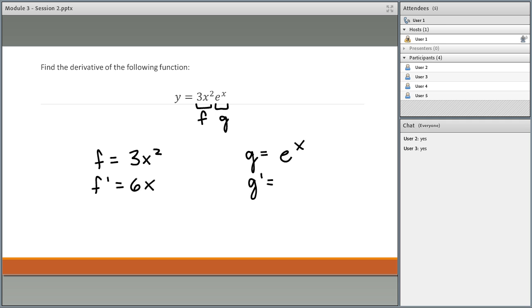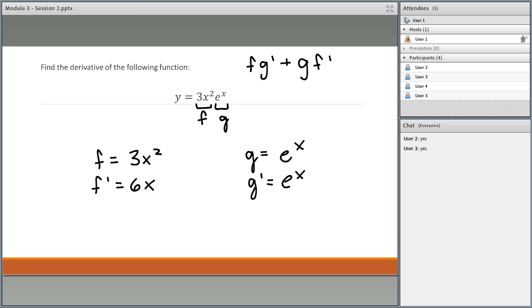Well, if I take the 2 to the front with the 3, I get 6, and then subtract 1 from the exponent, so I end up getting 6x. What about e to the x? Well, e to the x is its own derivative, so I just get e to the x. And the nice thing about writing these this way is that the product rule says first times the derivative of the second plus the second times the derivative of the first.